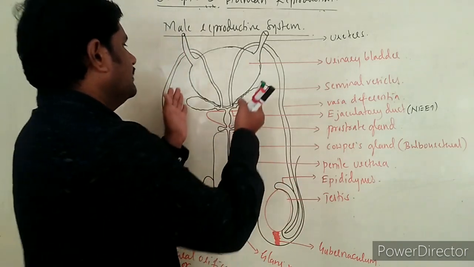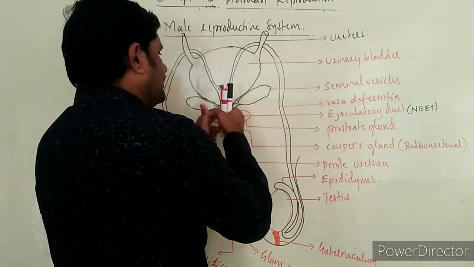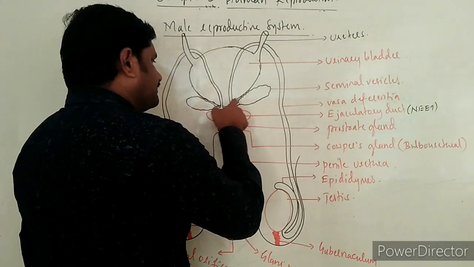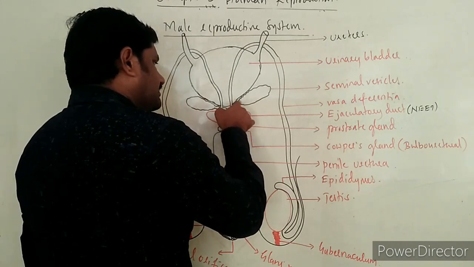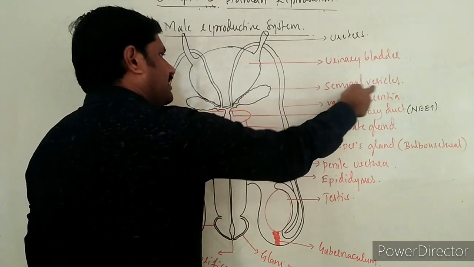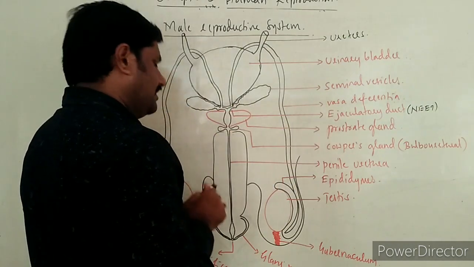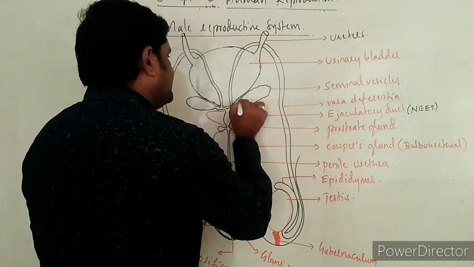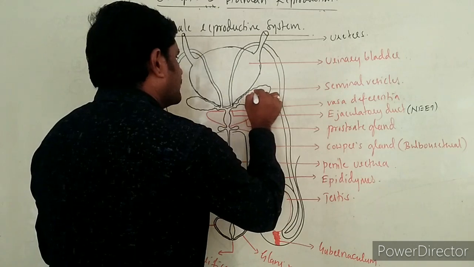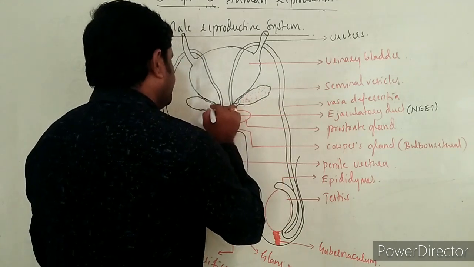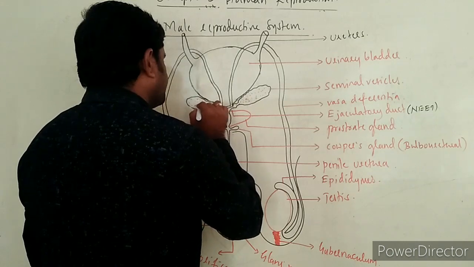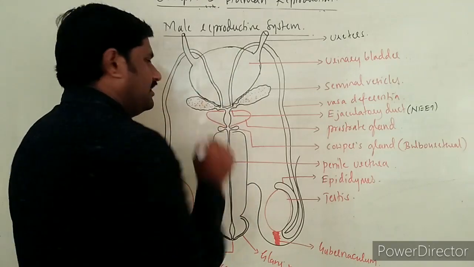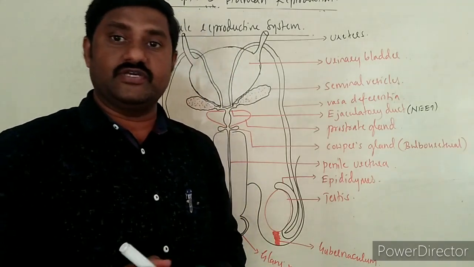Now the sperms come from the vas deferens into the ejaculatory duct easily, and the ejaculatory duct also comes from the duct of the seminal vesicle, which receives the secretion from the seminal vesicle. Later I shall explain these accessory ducts and their secretions, as well as how they together form the semen.